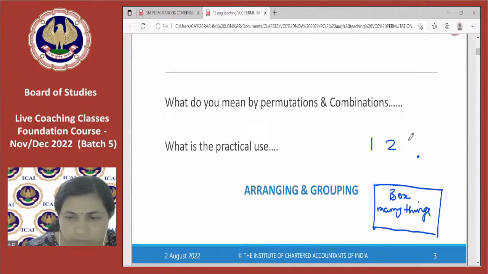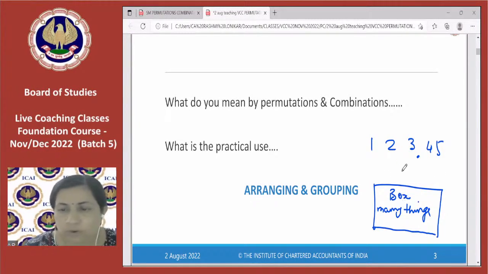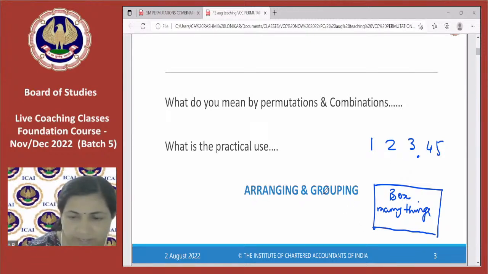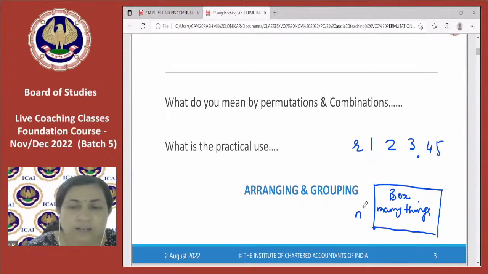There are 5 children, and there is a box in which lots of goodies are there. When I want to distribute n articles between r number of people, so that I distribute these n goods to these children, this is called combination.